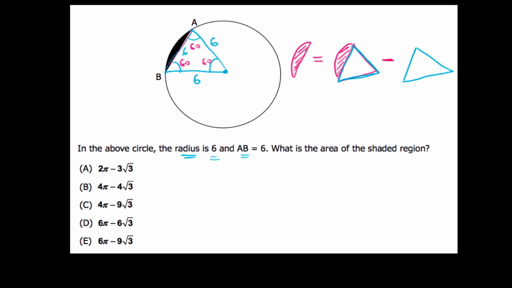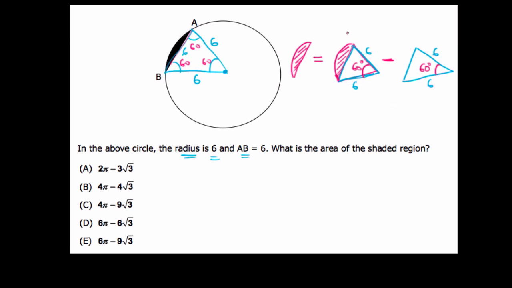To find the area of this part here, you can see the area here is embedded in this figure that we have here. So to find the area of this is just going to be the area of this whole figure minus the area of a triangle. Recall that here we have 60 degrees, the length of that side is 6, the length here is 6, and also the angle here is 60 degrees, and the radius here is 6, and here is 6.